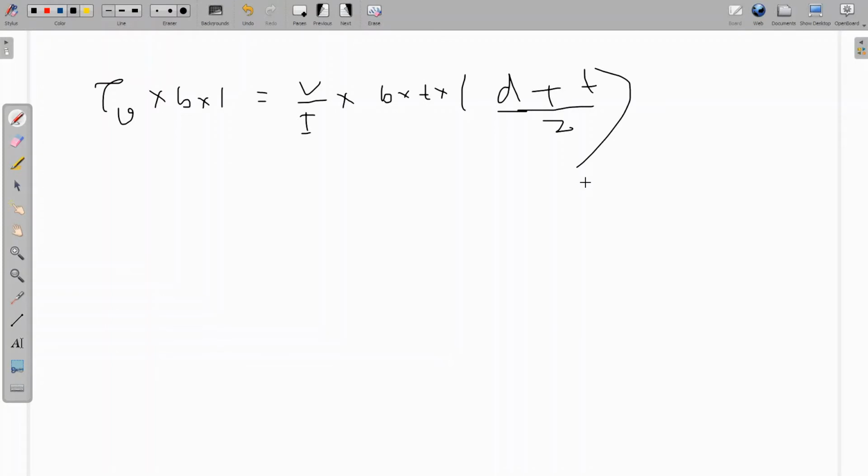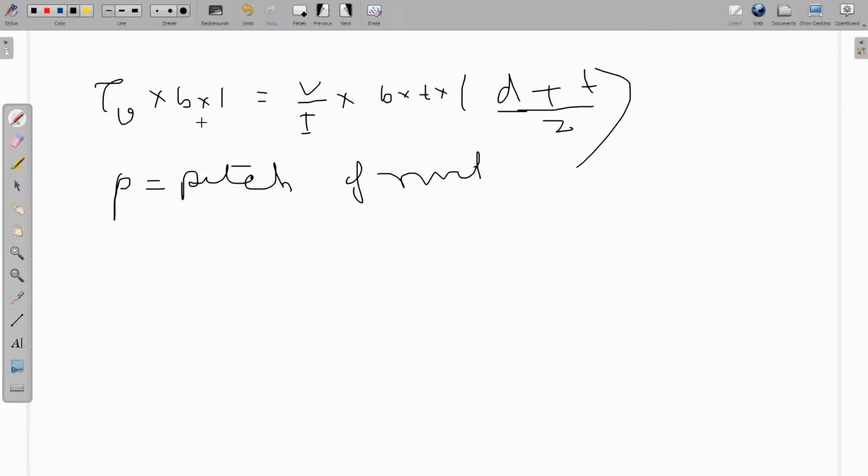Okay. Now, let us assume that P is the pitch of the rivet. So this is the horizontal shear force that we have calculated per unit length.